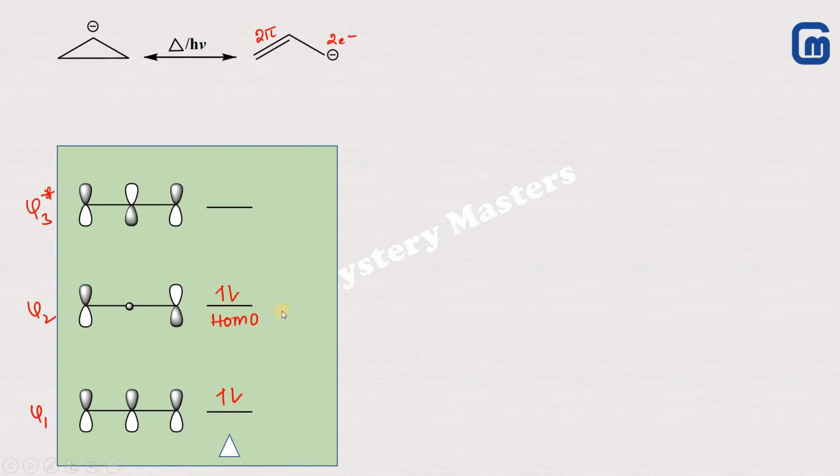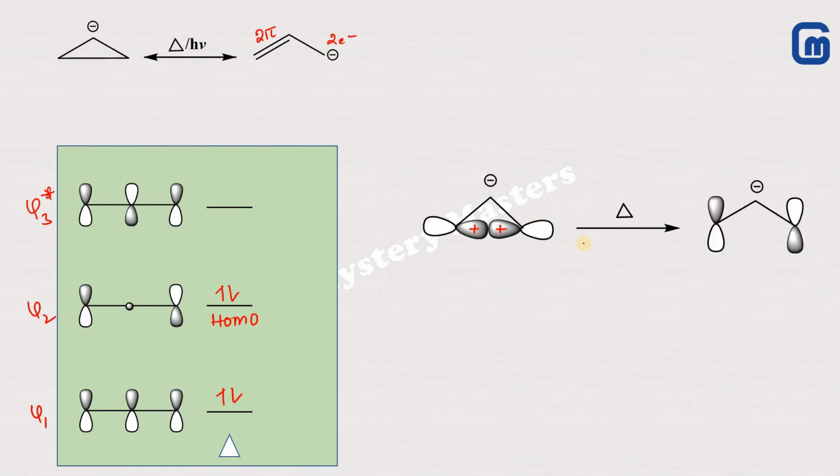If I talk about the closed system, it will be like this, where the two same type of lobes have already interacted to give you a sigma bond. Now I will see how I can get this psi2 arrangement. This psi2 arrangement is our HOMO for the allyl anion in thermal condition. Here, if you see, the same type of lobes are in the opposite direction.